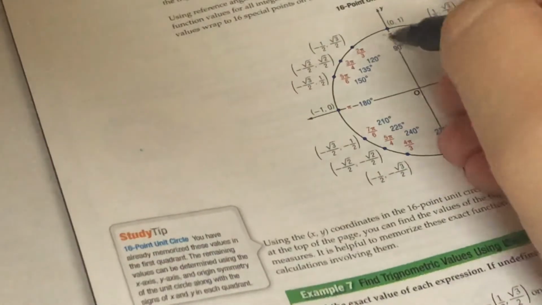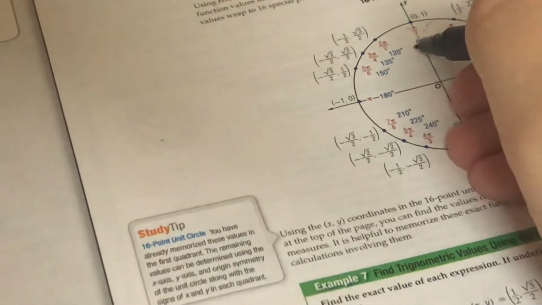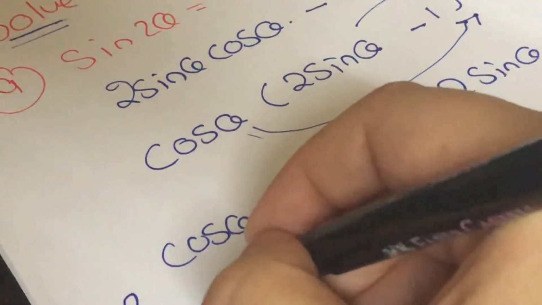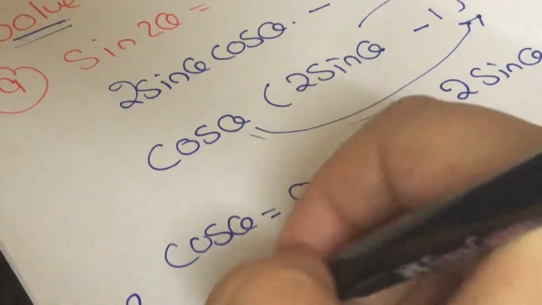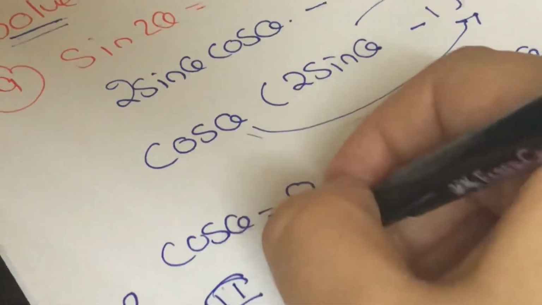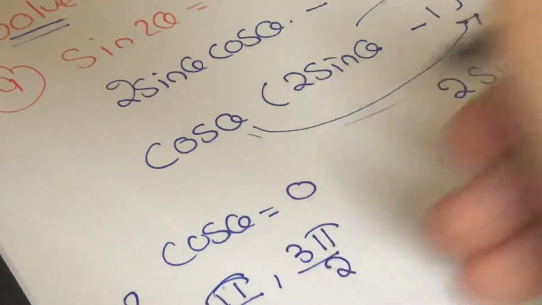Okay, every pi, once I write this is pi over 2, so pi over 2 plus pi, it's 3 pi over 2, plus pi or minus pi. Anyway, cosine is 0 here and there only. So for now, cosine theta is equal to 0 at pi over 2 and at 3 pi over 2.